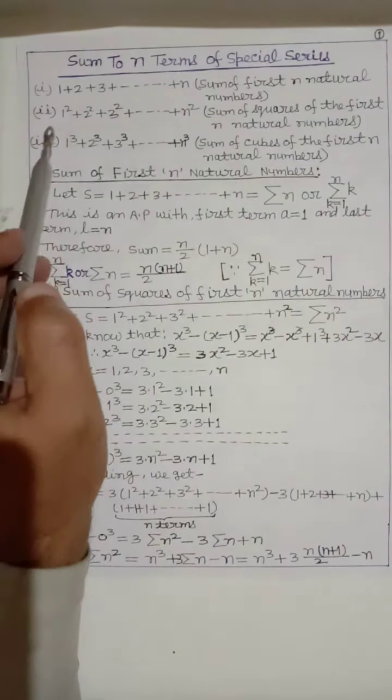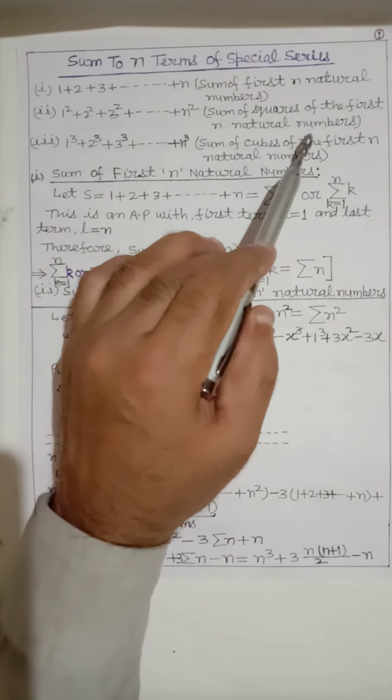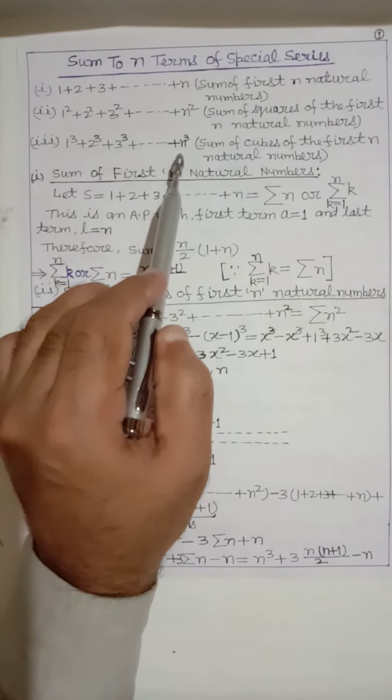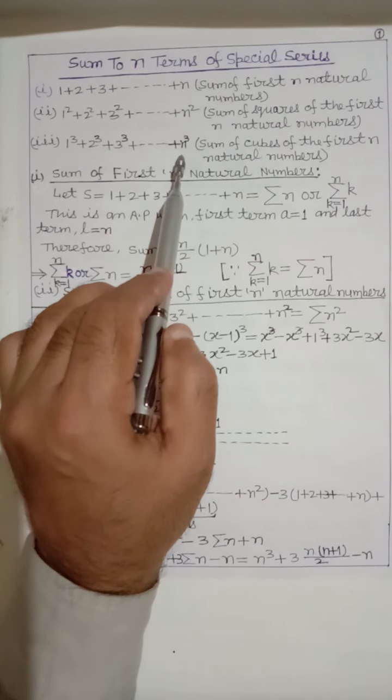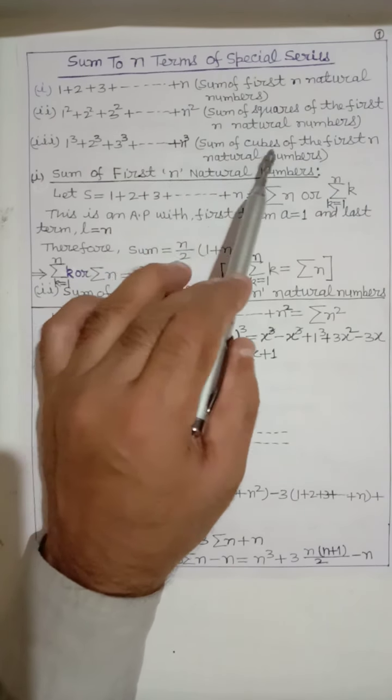Second, 1 square plus 2 square plus 3 square plus and so on up to n square, that is sum of squares of the first n natural numbers. Third, 1 cube plus 2 cube plus 3 cube plus and so on plus n cube, that is sum of cubes of first n natural numbers.